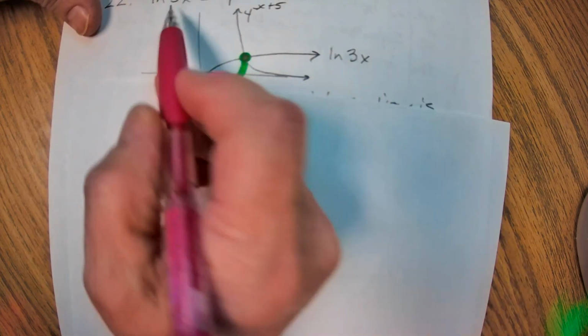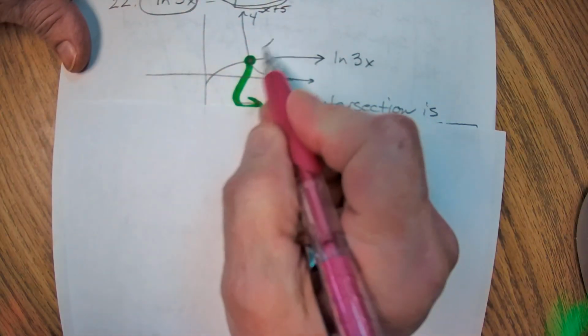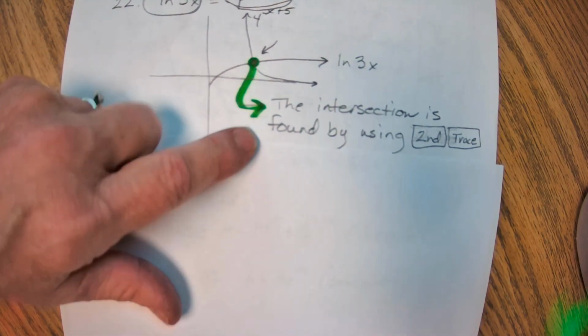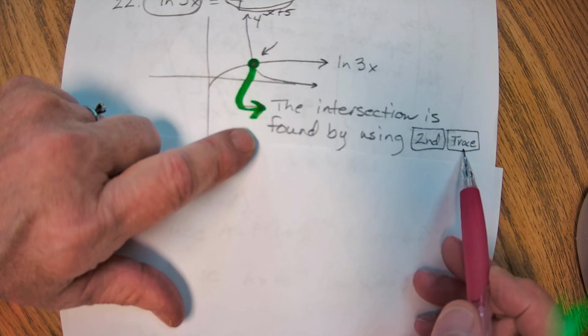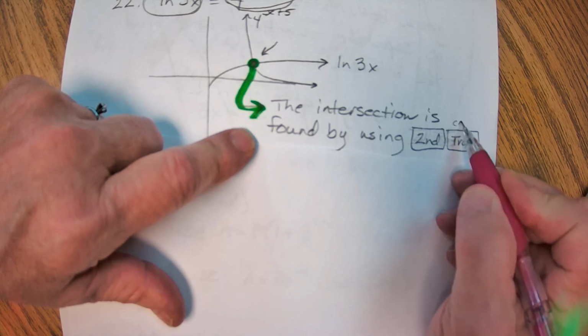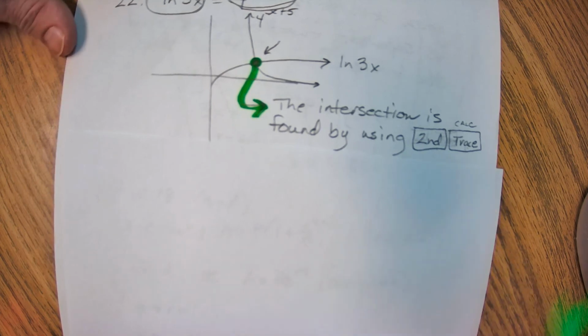So what you can do is graph each side as if they're separate functions and look at the intersection. The intersection, remember, can be found by using the second trace button. Remember, the calc is above this. And you could just calculate the intersection by going second trace.